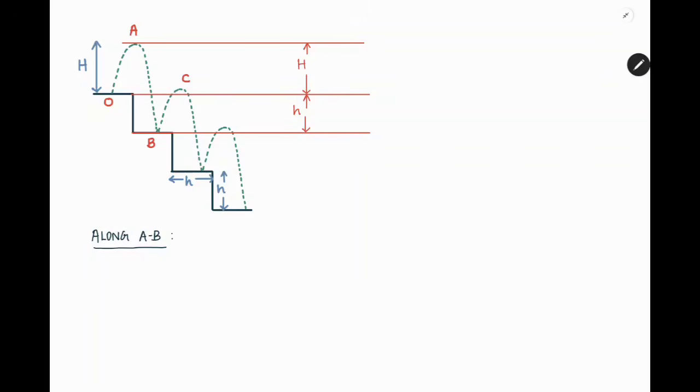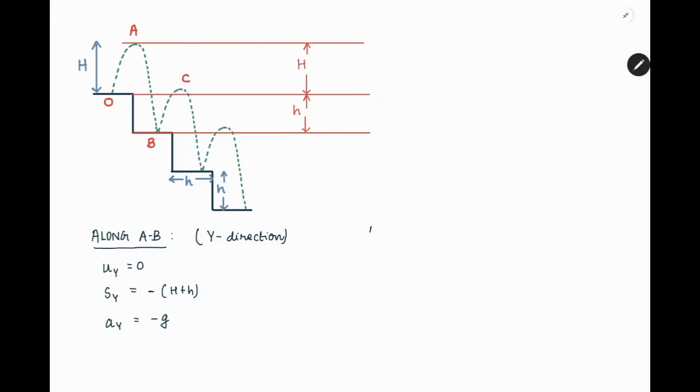In each case we are going to solve along the y-axis direction, that is, in the vertical direction. So in the path AB, the initial velocity in the y direction is definitely 0. It is undergoing a displacement in the y direction which is in the downward direction, h plus H. The acceleration in the y direction is in the downward direction again, minus g.